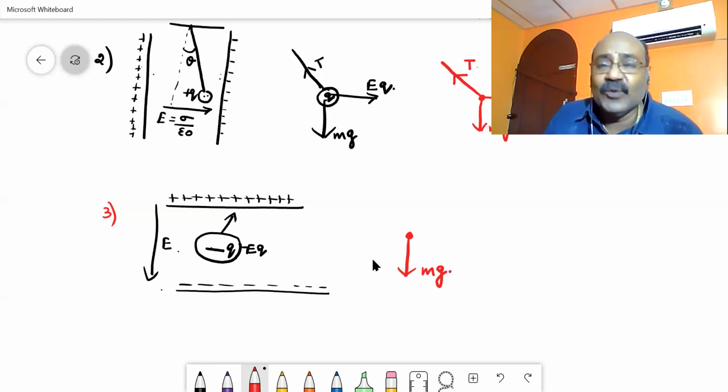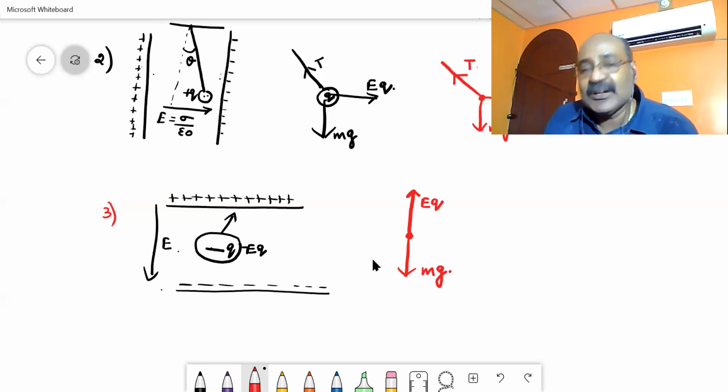And this EQ, the force due to the electrical field, is acting towards the positive charge, so in this direction. This EQ I can consider as minus EQ. On the negative charge, we have the force of magnitude EQ, in a direction opposite to that of the electrical field. Hope you have understood this.